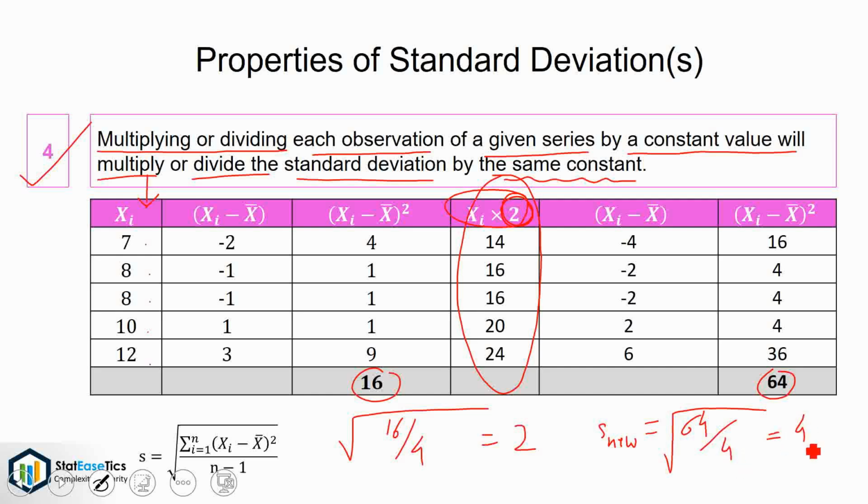So according to the formula, the new standard deviation is equal to the original standard deviation into the constant multiplied, that is, 2 into 2, which is 4, thus satisfying the formula. Similarly, you can divide each observation of the given series and see the results.